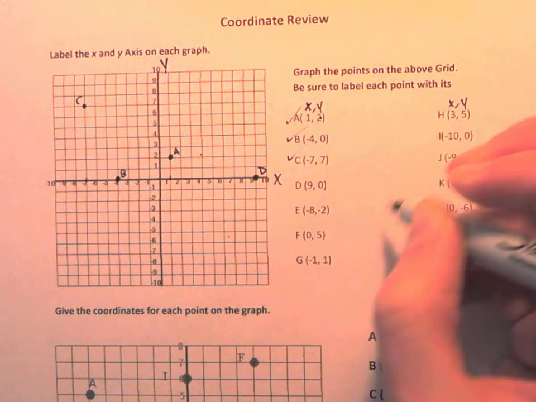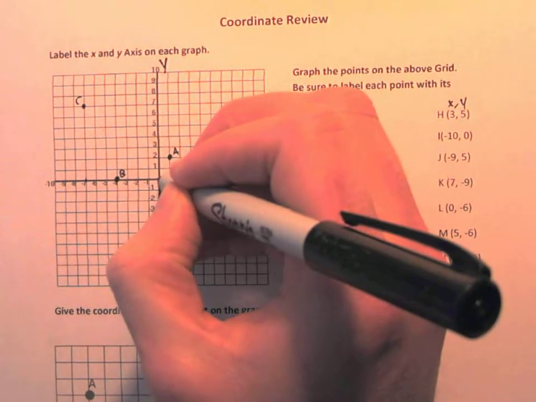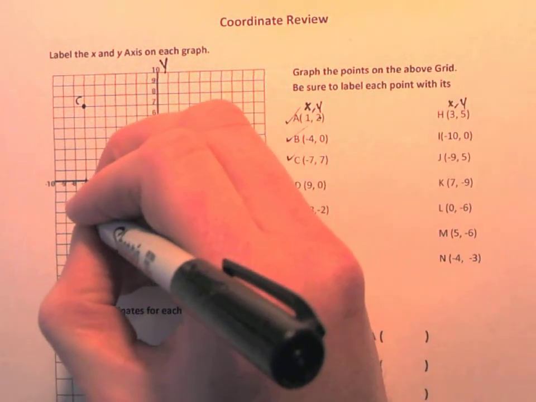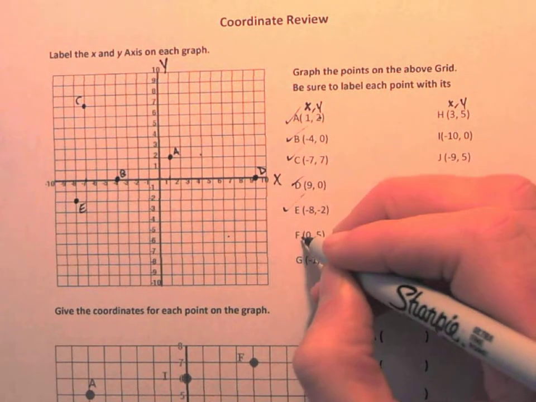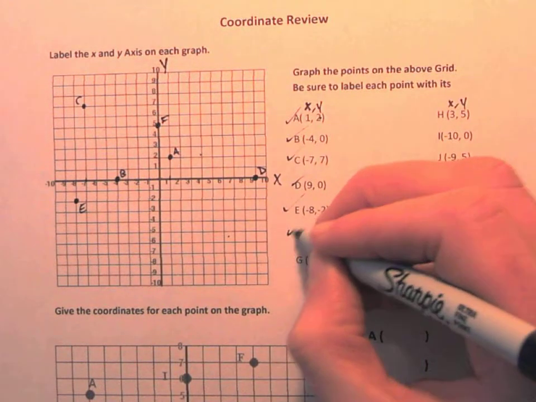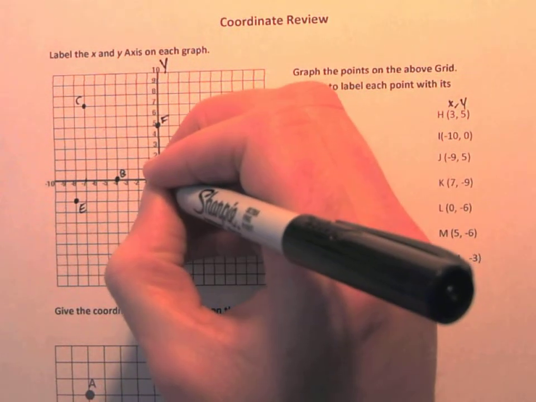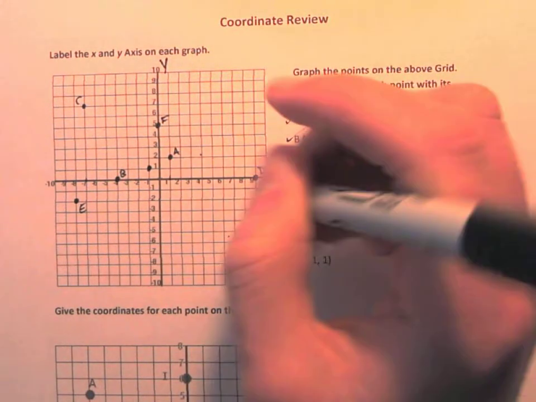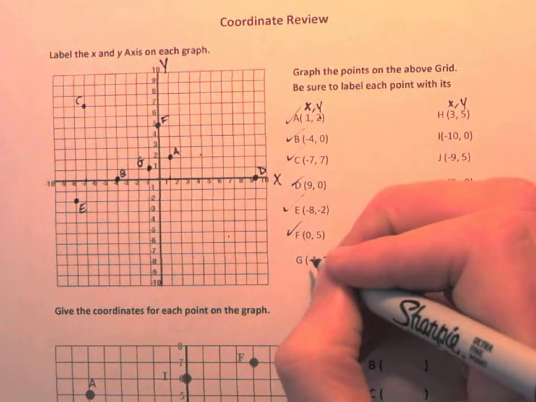So D. E is negative 8, negative 2. F is 0, 5. And G is negative 1 on the x-axis plus 1, or up on the y-axis.